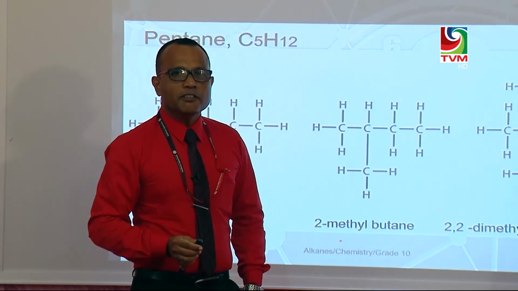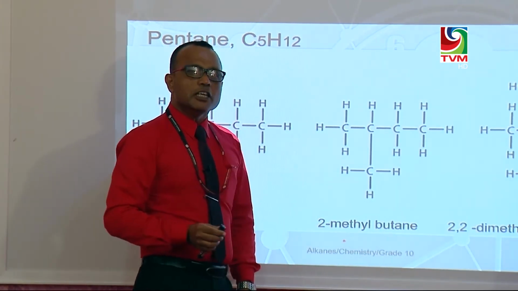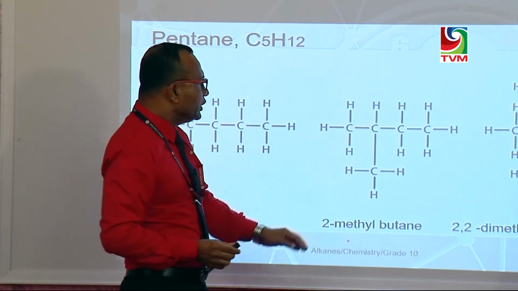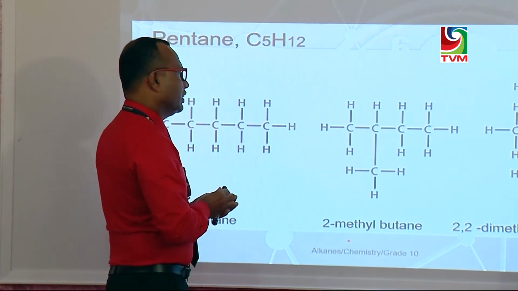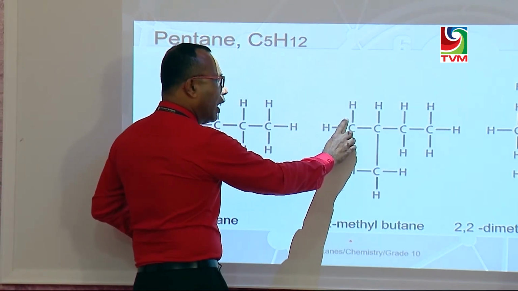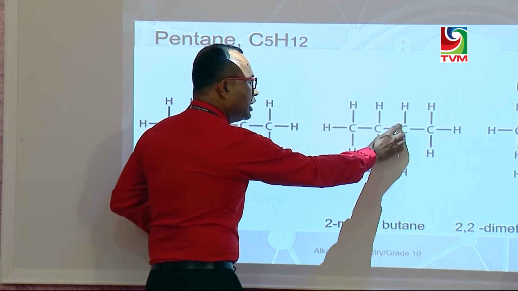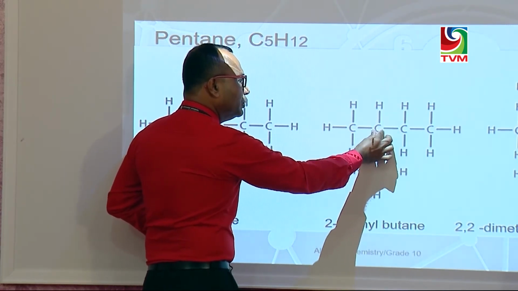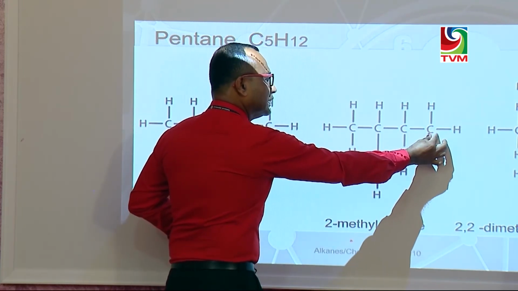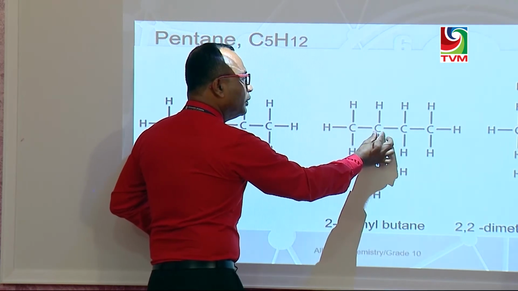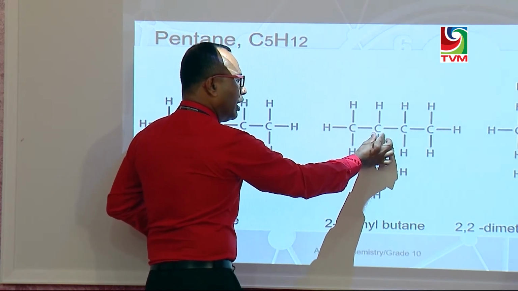We know when we number, we must give possible lowest number to the carbon with branch. If I start numbering from here, 1, 2, 3, 4. This carbon got number 2. If I start from this end, 1, 2, 3, 4. We give number 3 on this carbon.